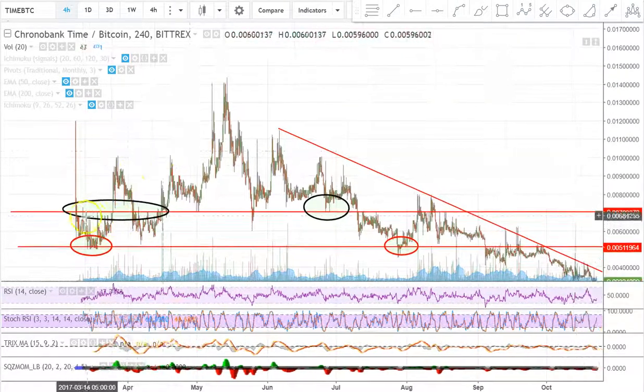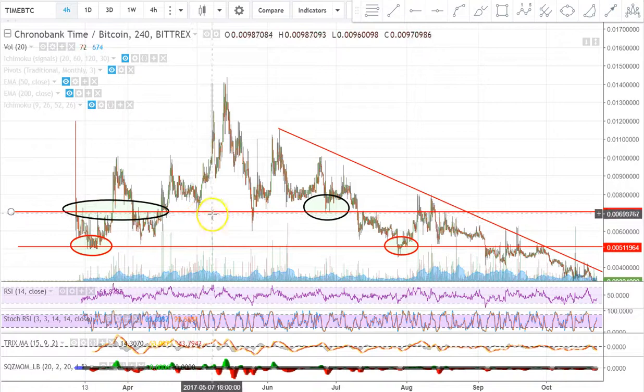Chronobank time. So this red line is the first trading setup. You can see that it was a resistance in the beginning, and when it broke through, it acted as a support a couple of times. So you could say, okay, I'm going to buy here at 0.007, and when it goes below the red line, I'm going to sell with a stop loss at 0.0068.